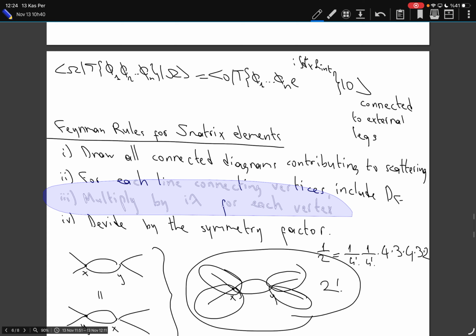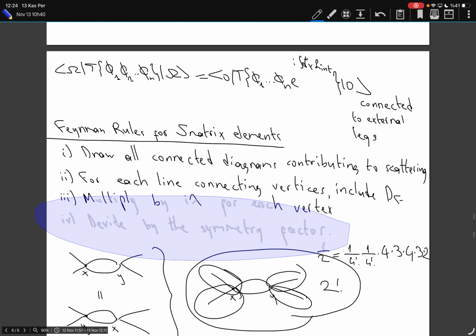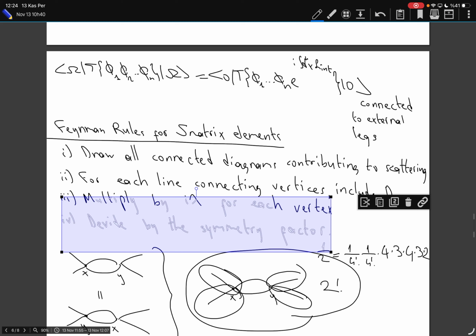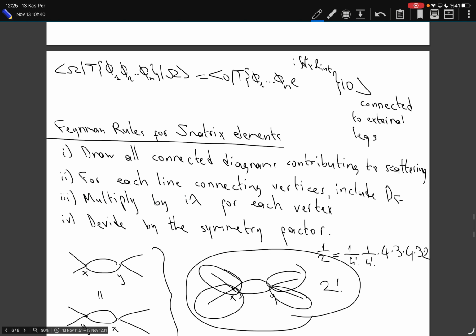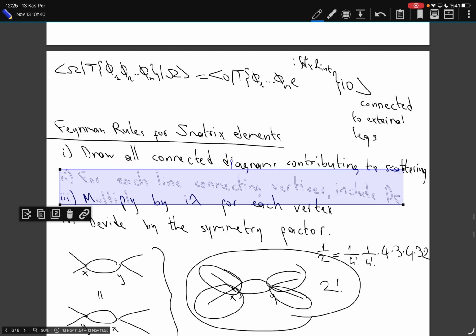Multiply by lambda for each vertex. Divide by the symmetry factor, or calculate the factor explicitly. Impose momentum conservation at each vertex, so that not all momenta that you assign for each line connecting vertices will be independent. They will be determined by other momenta.